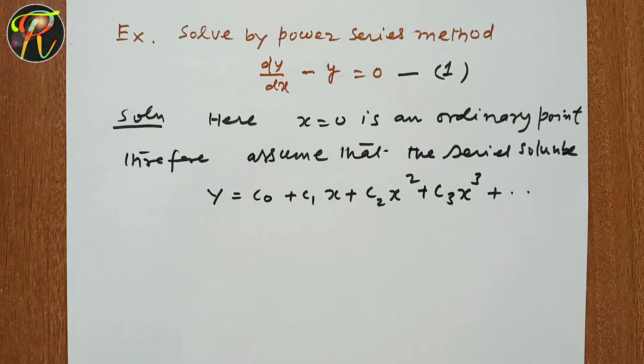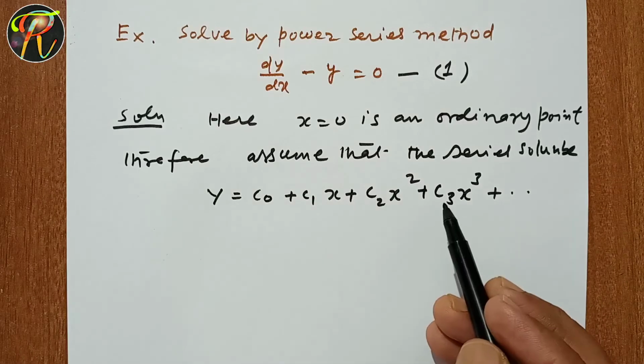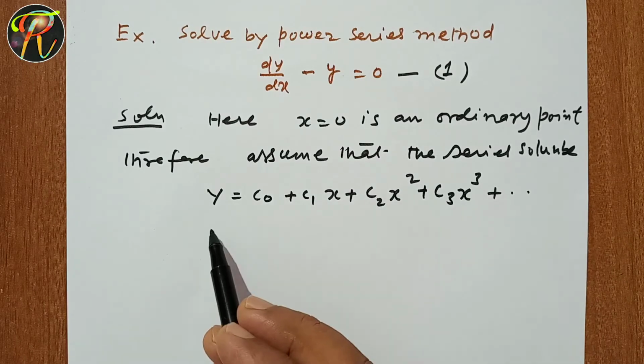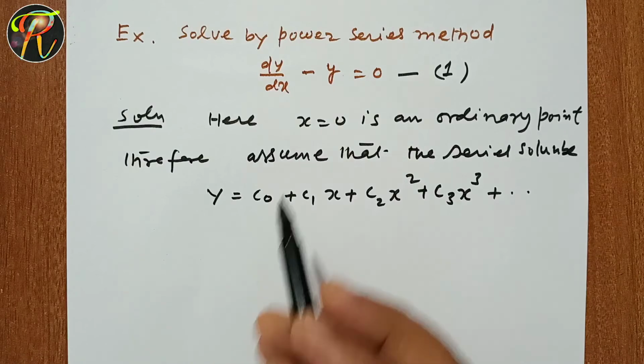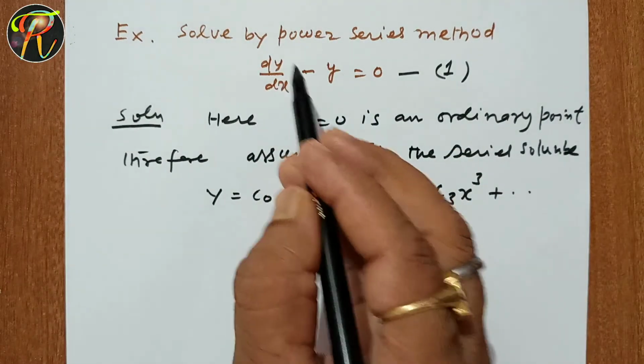So what is our aim? Our aim is that here y is equal to this thing, so we calculate dy by dx, because we only need the first derivative.